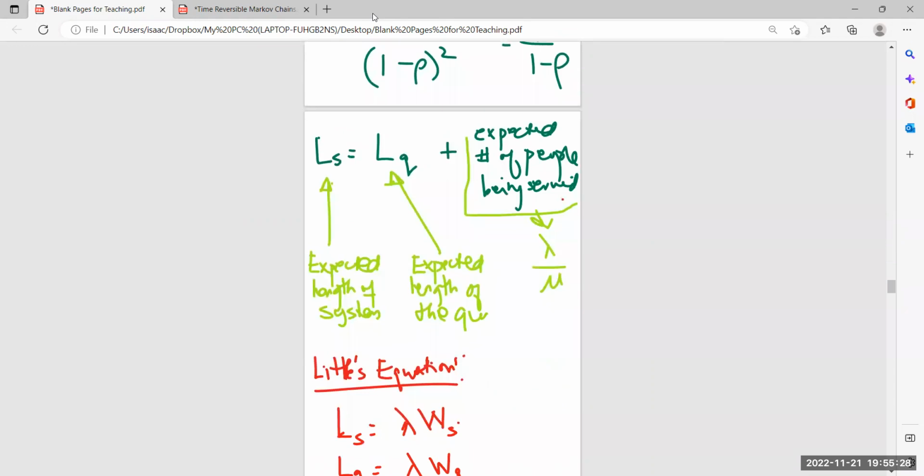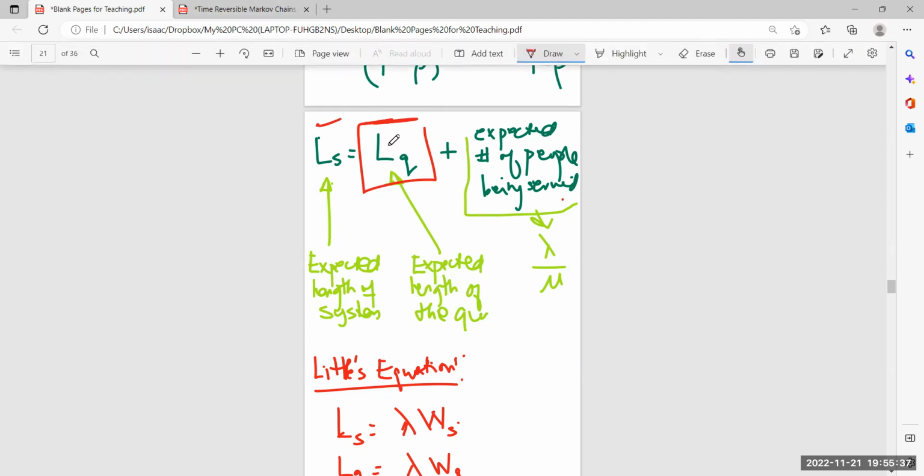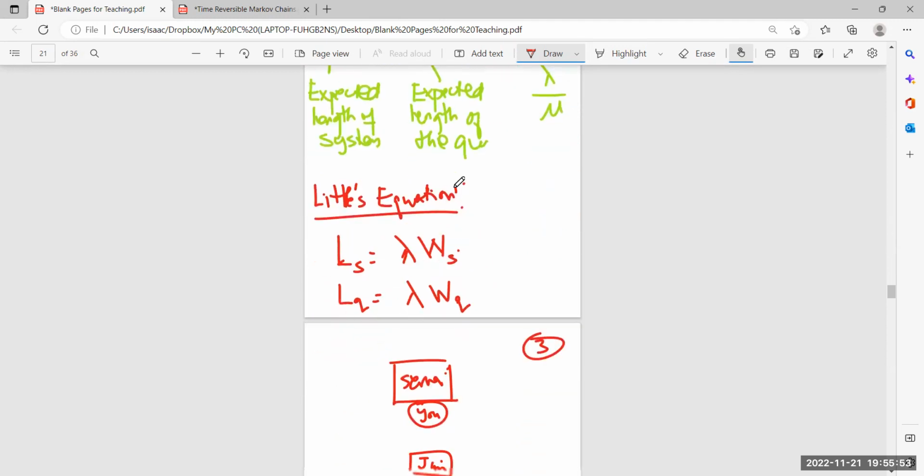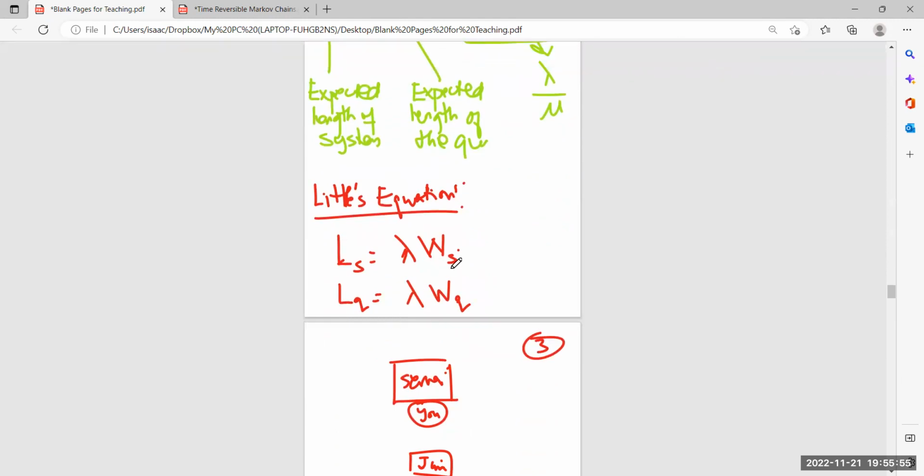After you prove LS, to get the expected LQ, you use this equation. If you make LQ the subject of the formula, because this part here is just lambda over mu, you just send that to the other side, and it'll be LS minus lambda over mu. And if you are asked to get WS and WQ, you don't have to prove anything.